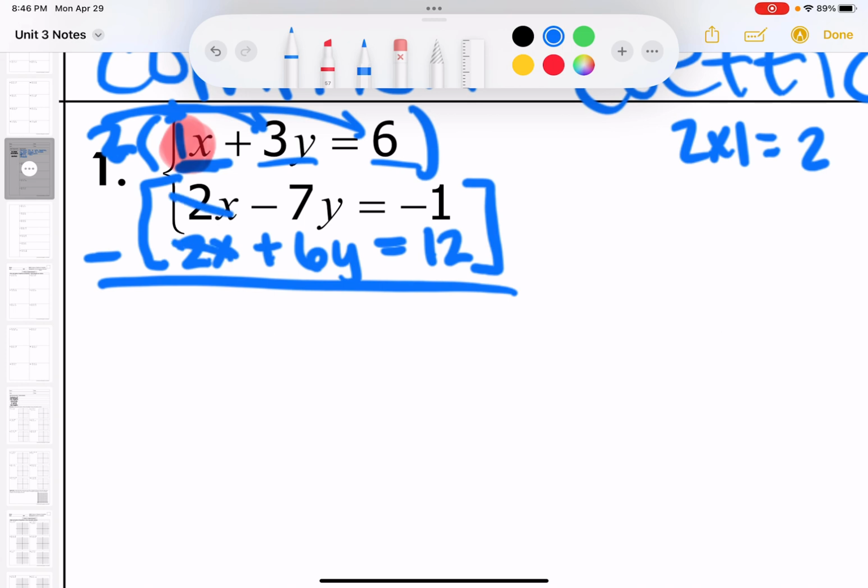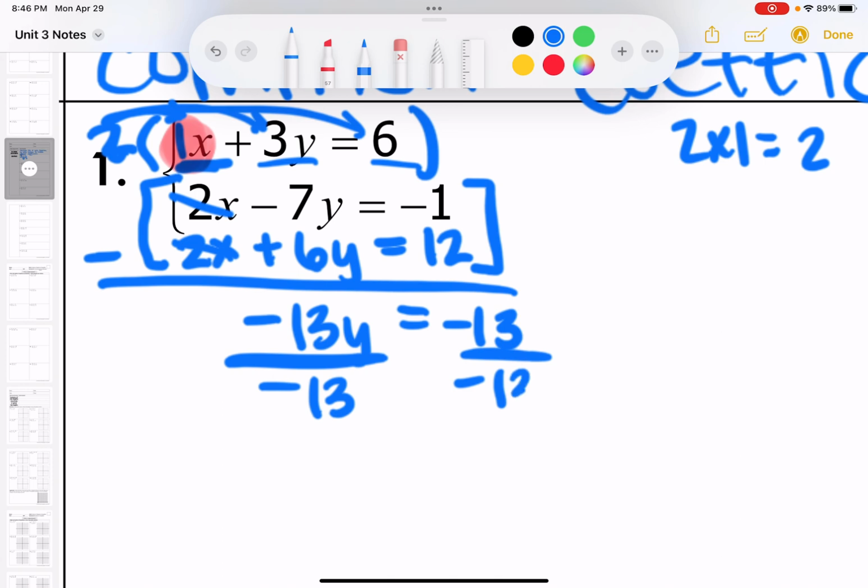Negative 7y minus 6y is negative 13y. And negative 1 minus 12 is also negative 13. All right, now I got to solve for y. So my last step would be to divide both sides by negative 13. So y is going to equal 1.